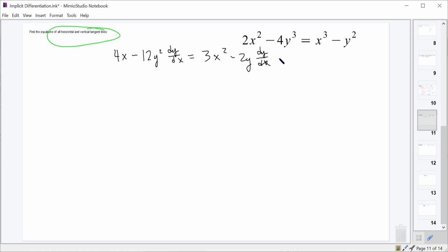Okay. And then let's just get all of the x's to one side and all of the y's to the other side. So that'll be 4x minus 3x squared, and then 12y squared minus 2y. And both of those are being multiplied by dy dx.